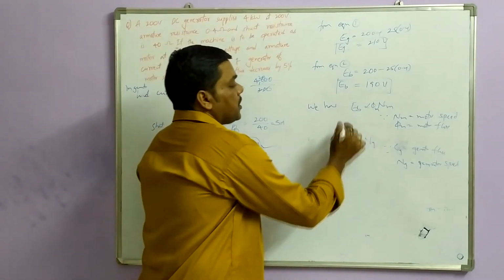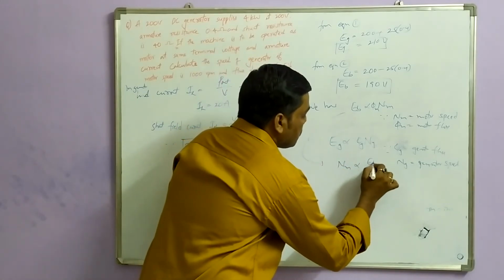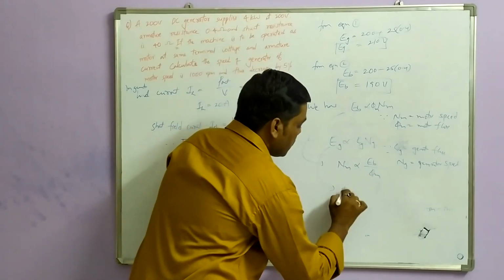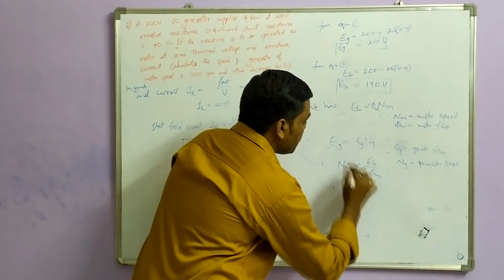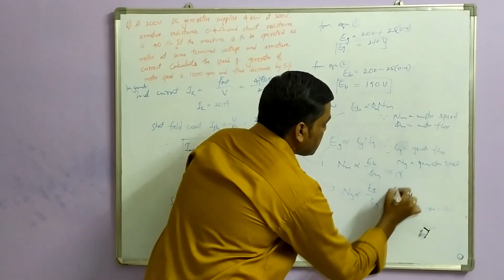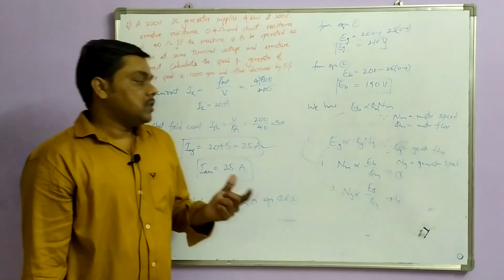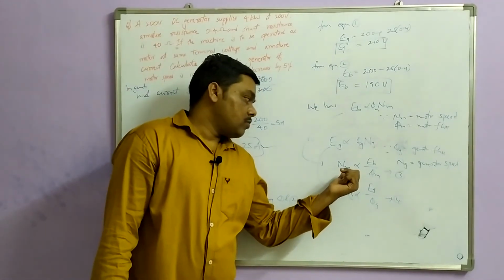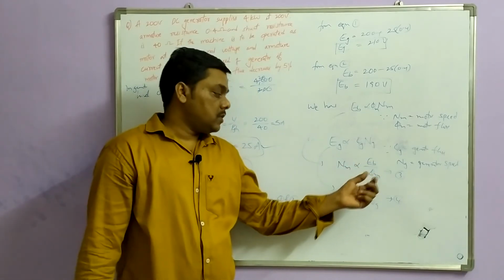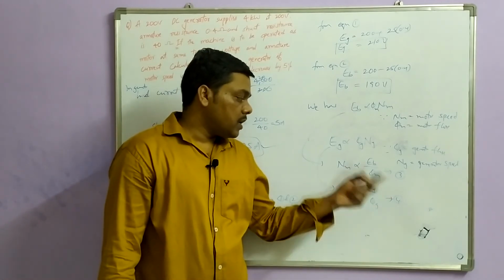Now from Eb we can write, Nm is proportional to Eb by phi m, and from here Ng is proportional to Eg by phi g. Now you can consider this as equation number 3 and equation number 4. Now you observe this motor speed is proportional to back EMF and inversely proportional to motor flux, and generator speed is directly proportional to generated EMF and inversely proportional to generator flux.